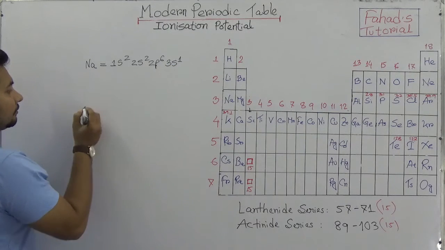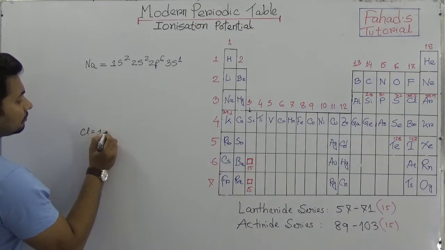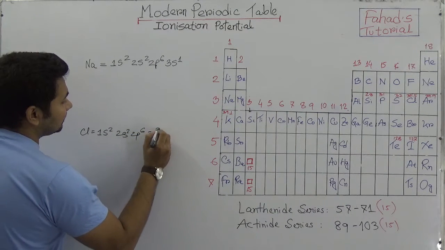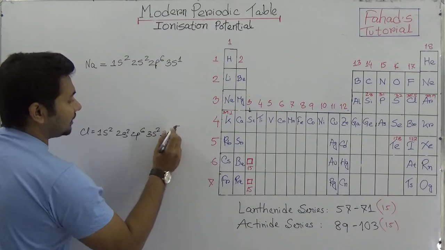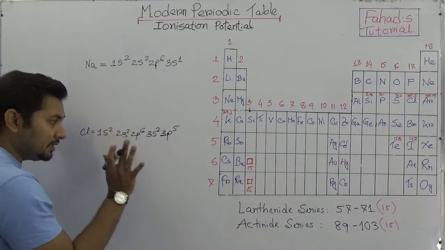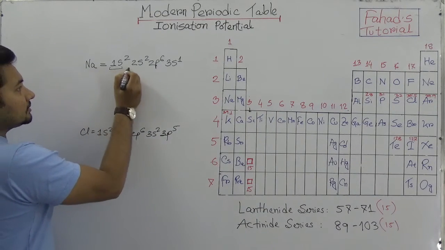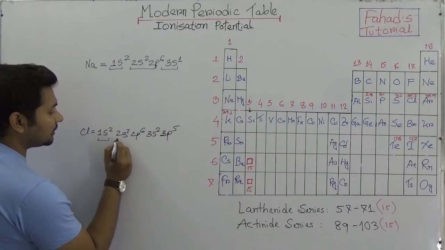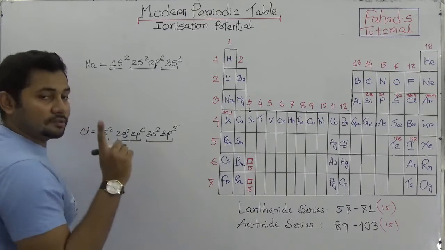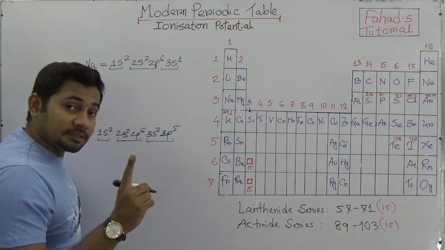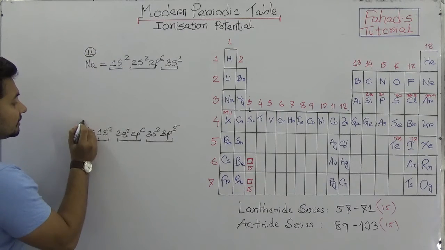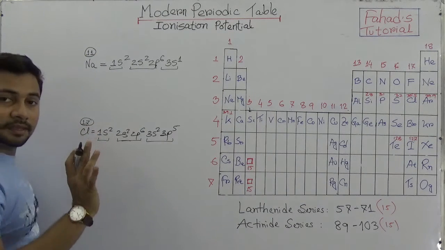And chlorine is 1s2, 2s2, 2p6, 3s2, 3p5. So sodium has a total of 3 shells, and chlorine also has 3 shells. But the difference is the atomic number of sodium is 11 and chlorine is 17.